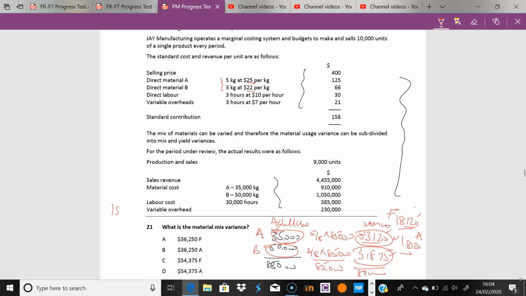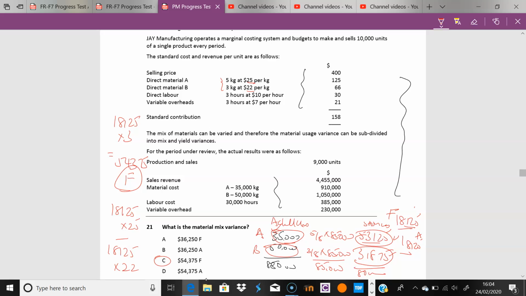It's the same number, isn't it? 18,125 times 25 minus 18,125 times 22, which is 18,125 times 3, and that takes us nicely into 54,375, and this is favorable. So overall, you have a favorable variance over there. Great. So that's that one.